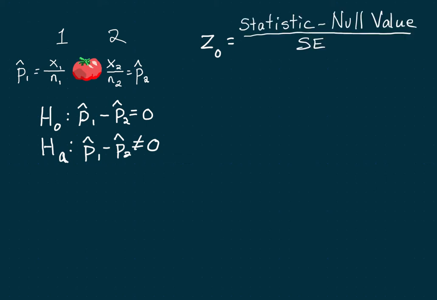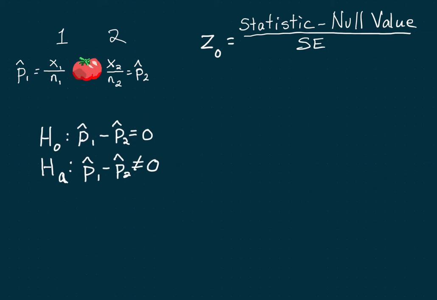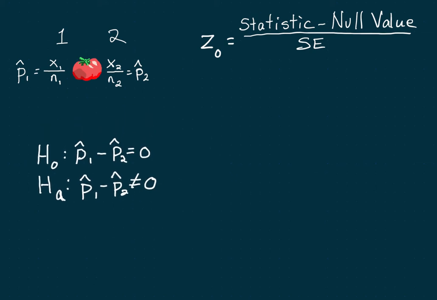Our test statistic will still be equal to the statistic of interest minus the null value divided by the standard error. But since we are working with a difference in proportions, the details of the formula have changed. In fact, there is one more calculation that we will have to do. And I will give you an example that actually has some numbers in a little bit.